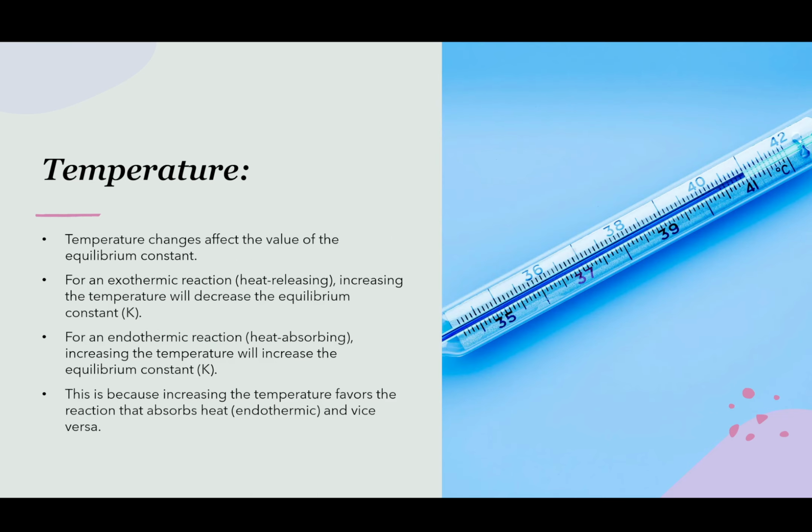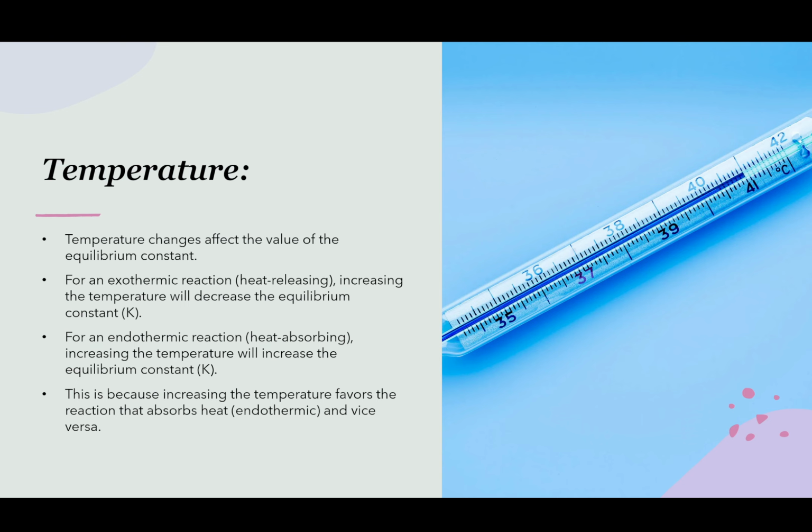Let's look at temperature. Temperature can affect the equilibrium constant. For an exothermic reaction, increasing the temperature will decrease the equilibrium constant. And for an endothermic reaction, increasing the temperature will increase the equilibrium constant, and vice versa.